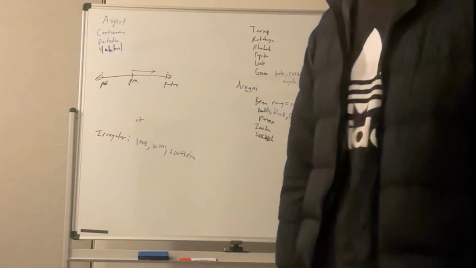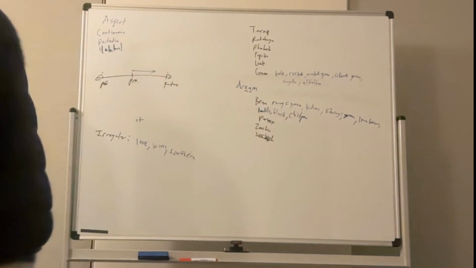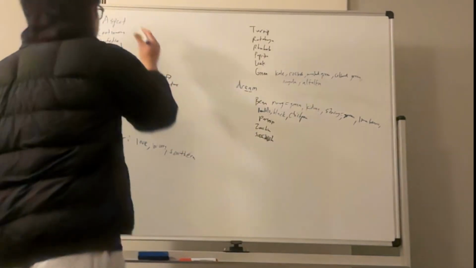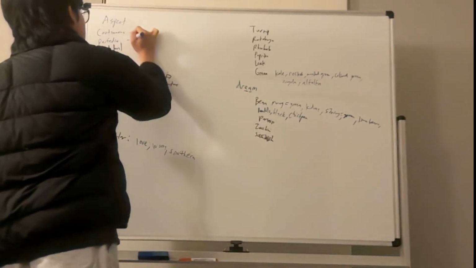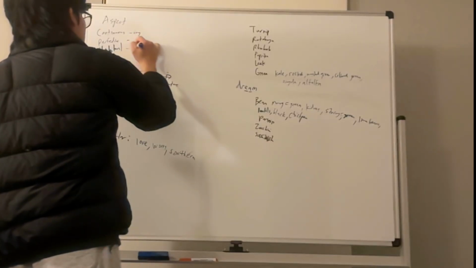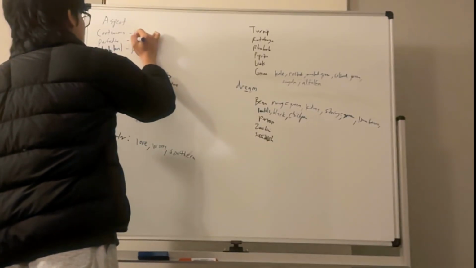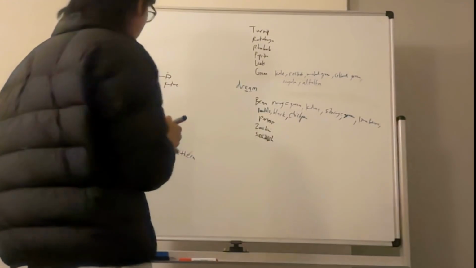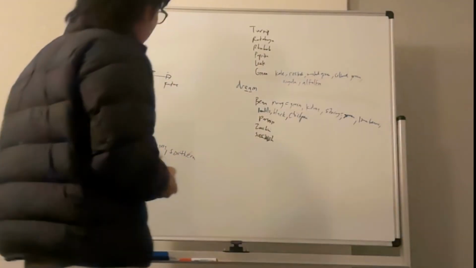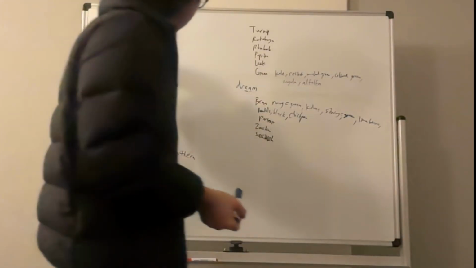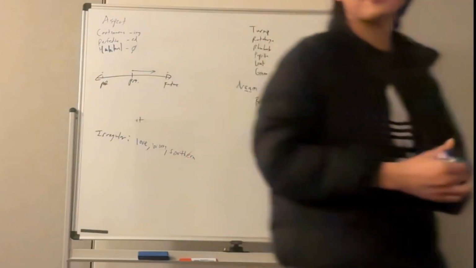It means I'm currently running. But you might notice when I say I am currently running, I am not using the typical continuous, the typical structure of not having an aspect.